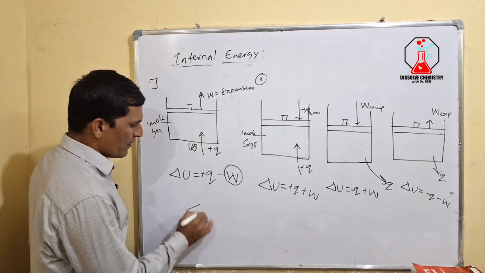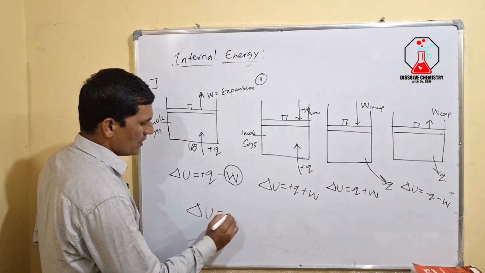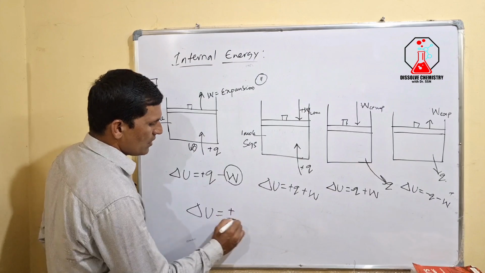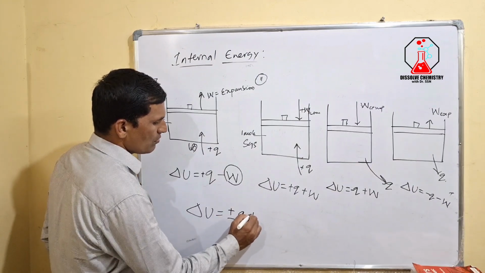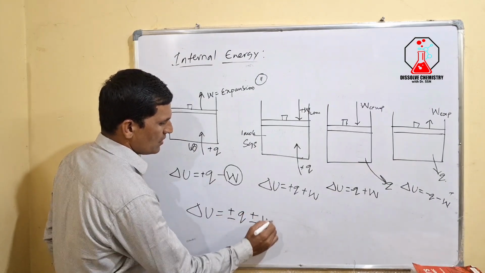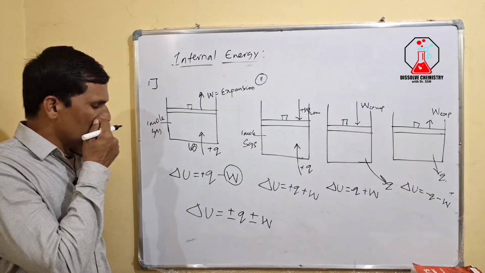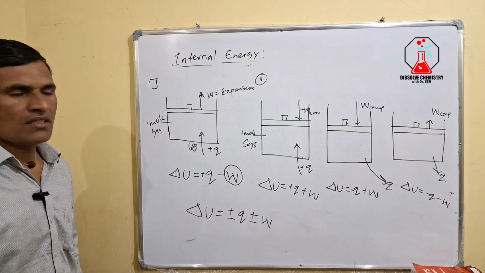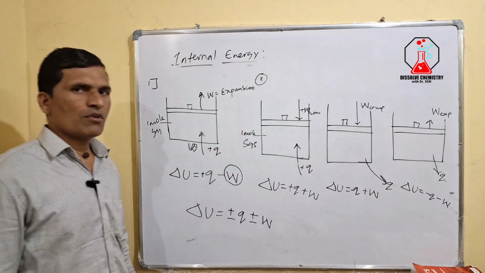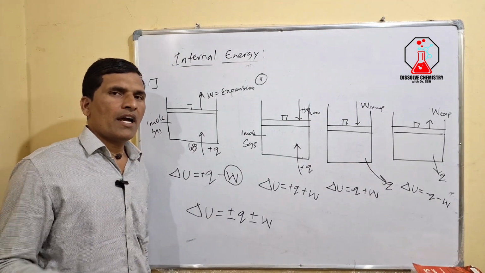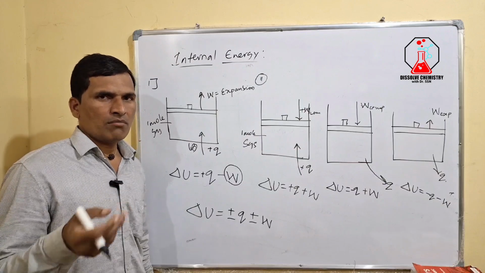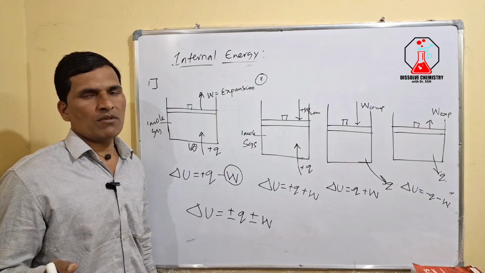So in general we write delta U is equal to plus or minus Q plus or minus W. This is how we represent the change in internal energy. Plus means added to the system, maybe in the form of work or in the form of heat.